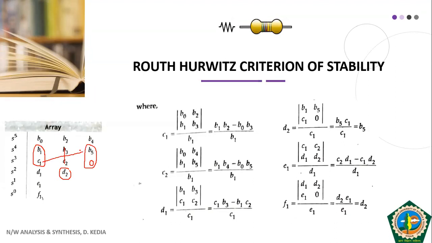It is C1 B5 minus B1 into 0, that is nothing but 0, so this term is gone, divided by C1. See, this is what we have. And we get D2. And there is no further term, so that's why we do not have any D3.